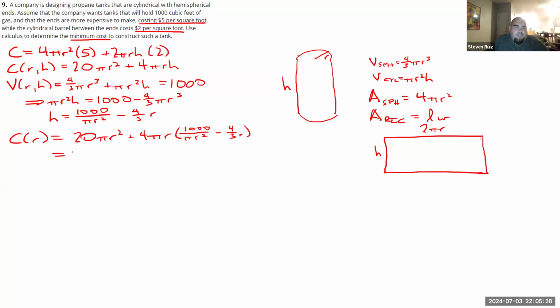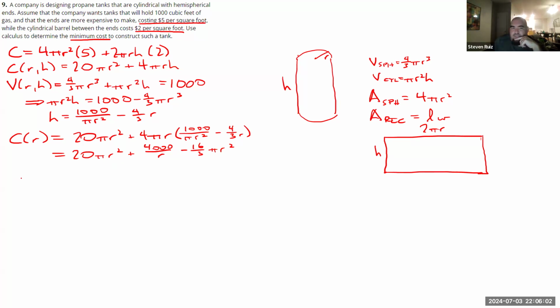Before we take a derivative, we should simplify a little bit. 20 pi r squared plus, the pi's cancel and a power of r cancels, so I get 4,000 over r, minus 16/3 pi r squared. I think that's as far as I care to simplify.